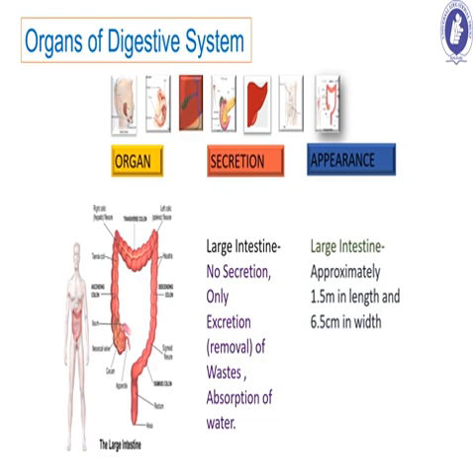This undigested food becomes semi-solid. It is then stored in the rectum. Afterwards, it is removed through the opening called the anus. So the large intestine does not have any secretions, only excretion. That means removal of waste is happening, and it also helps in the absorption of water.